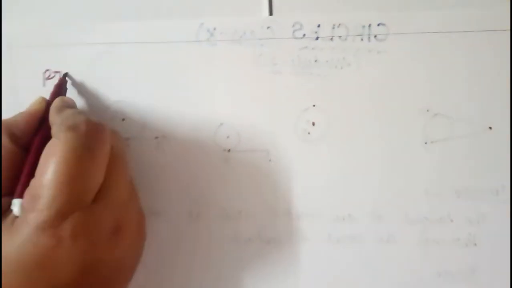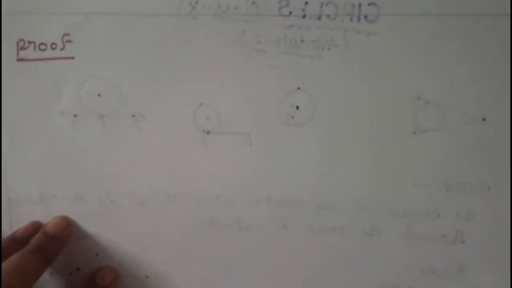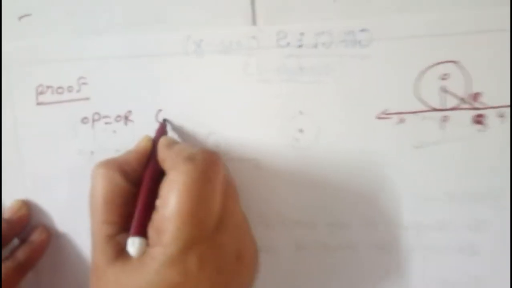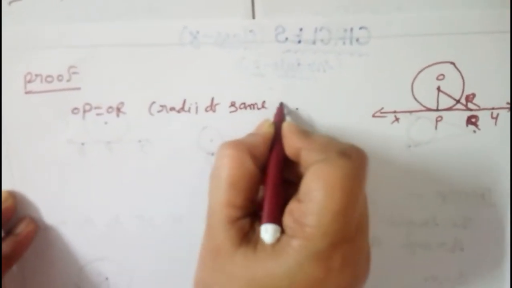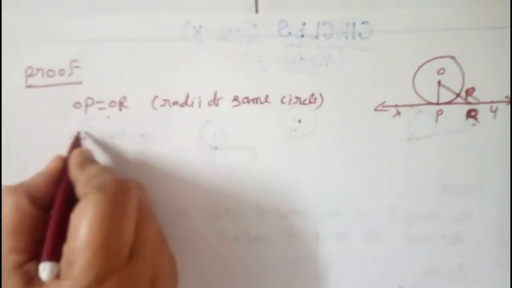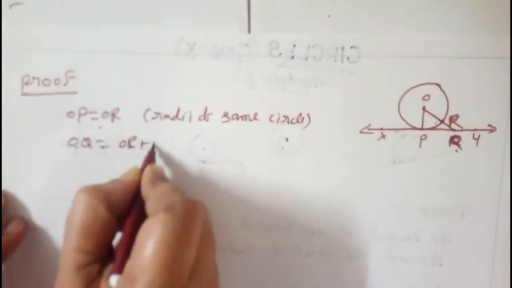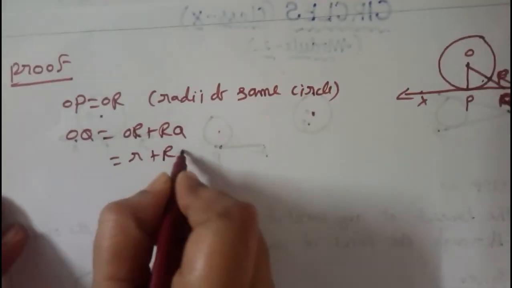Now see the proof. OP is equal to OR, radii of the circle. Now OQ is equal to OR plus RQ, so radius plus RQ.